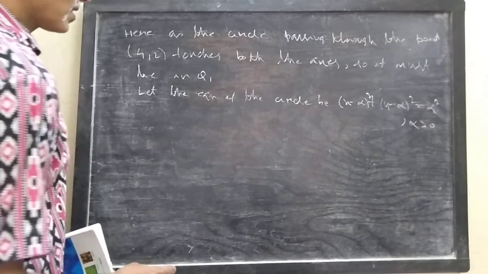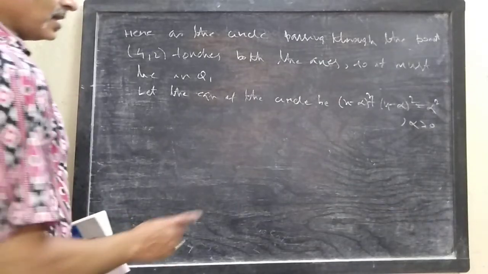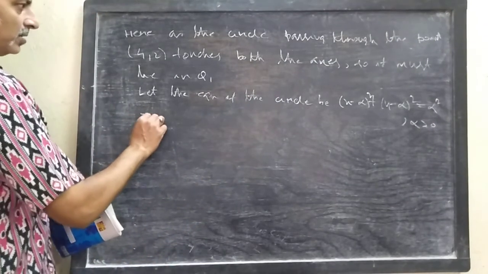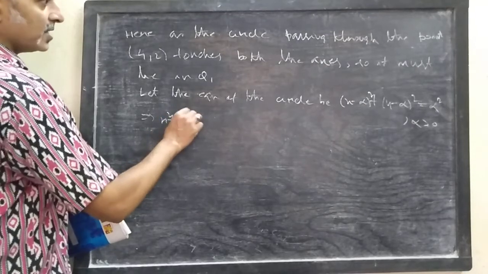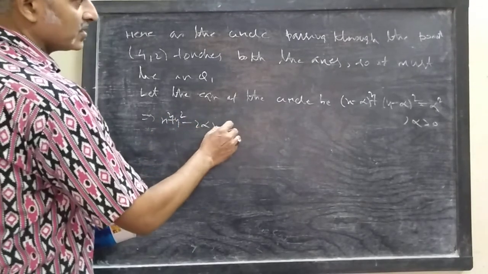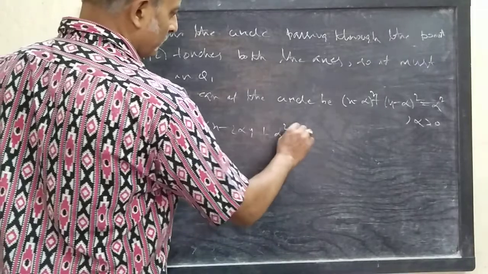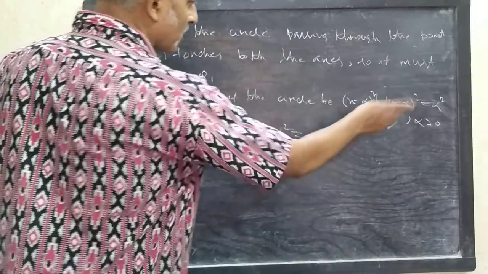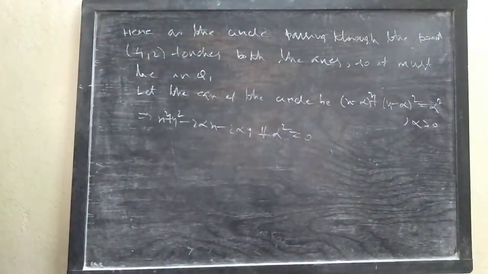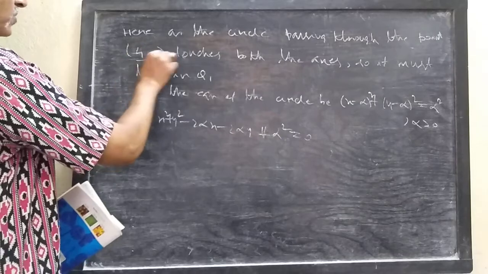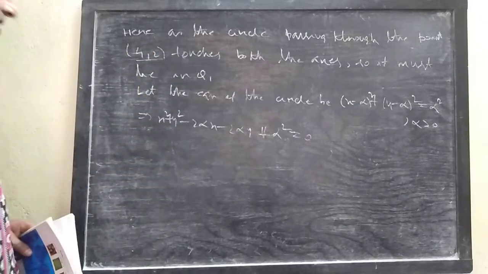Now just simplify it first. X square plus y square minus 2 alpha x minus 2 alpha y plus alpha square equals 0, because one alpha square is cancelled. As the circle passes through the point (4, 2), just replace x by 4 and y by 2.